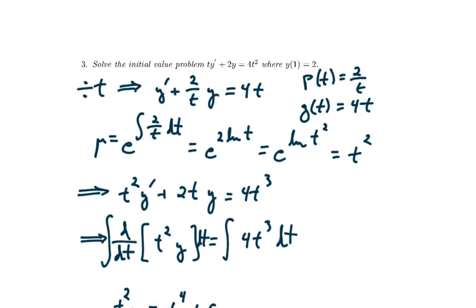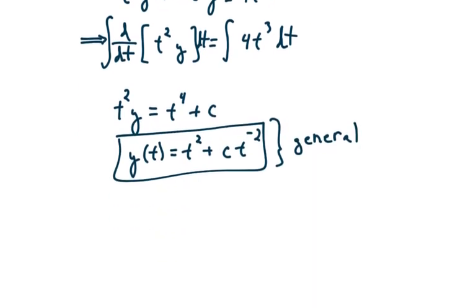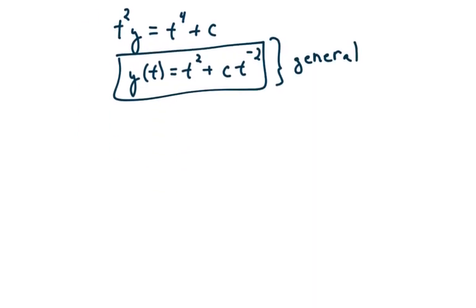This problem also came with a condition that y of 1 equals 2. So let's make use of that. So y of 1 equals 2. So 1 squared is 1, plus c times 1 to the negative 2 is c, which means that c is 1.